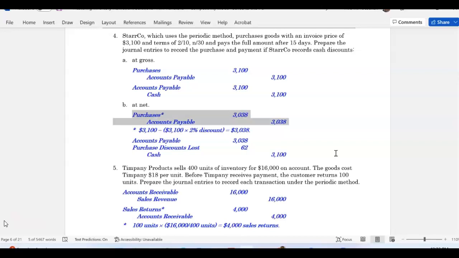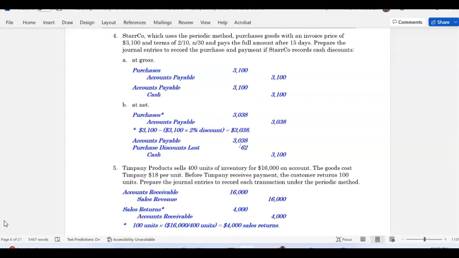So far, so good. However, you missed that 10 days time period. So you end up paying and closing accounts payable for $3,038, right? That's what you recognized here, right? So you're closing it now. And you're going to send a big check of $3,100.